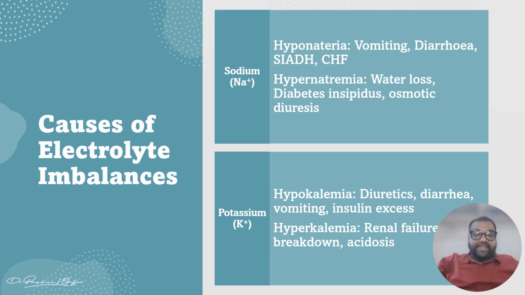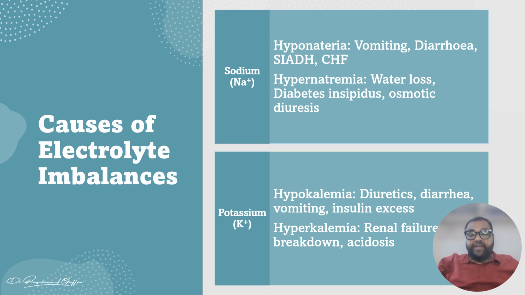Second electrolyte, that is potassium, K plus. The normal value is 3.5 to 5 MEQ per liter, and there is a risk of hypokalemia in the case of use of diuretics, diarrhea, vomiting, and excess insulin intake. So there will be a cause of hypokalemia.